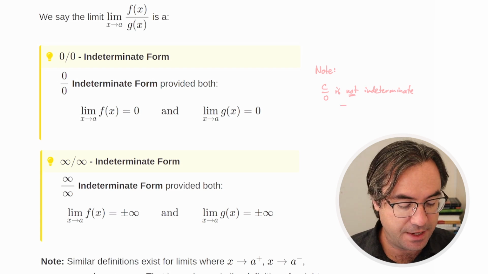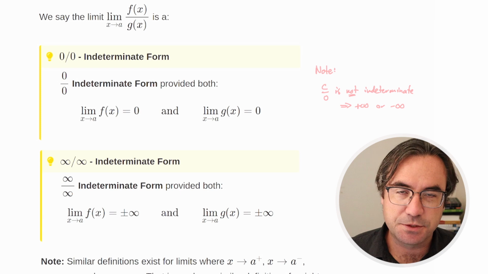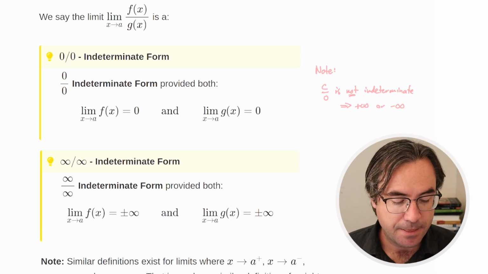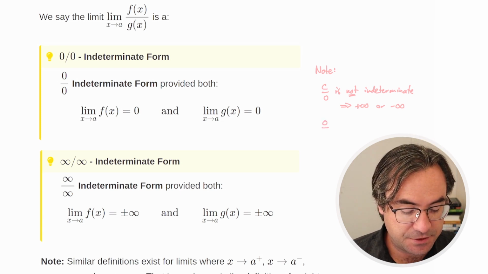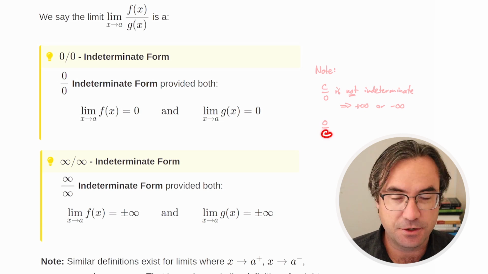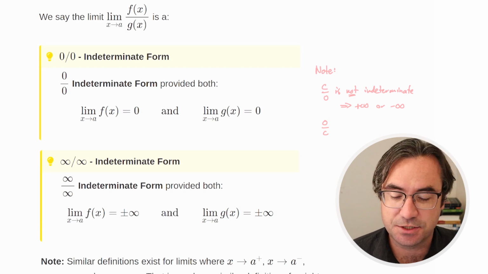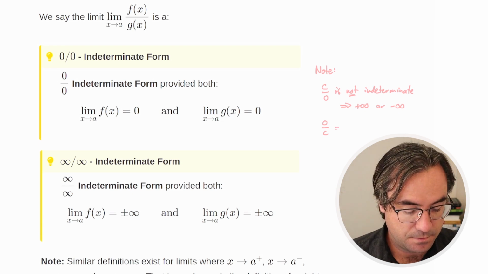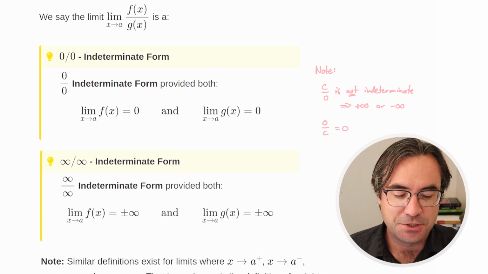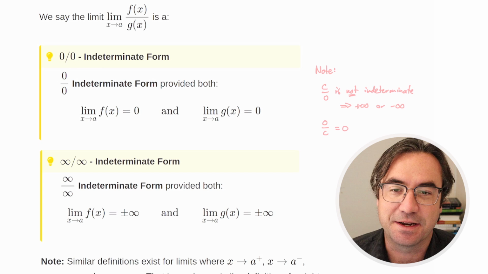So if we had c over 0, this is either plus or minus infinity. So we won't be able to use this special rule for this case. And then if we have 0 over c, so if the top function goes to 0 and the bottom function approaches some non-zero number, well, this is also not indeterminate. This 0 divided by a constant is just 0. So just because our fraction has a 0 in it doesn't necessarily mean it's undefined.